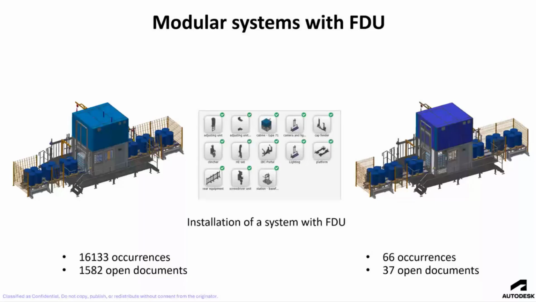The left-hand side is the full assembly: 1,582 open documents, 16,000 part occurrences. So it has 16,000 parts, but after simplifying it to put it into the FDU, Inventor is very good at simplifying big assemblies. It becomes just 65 occurrences and 37 open documents. Okay, it becomes lighter already, so it can be put in the libraries easily.